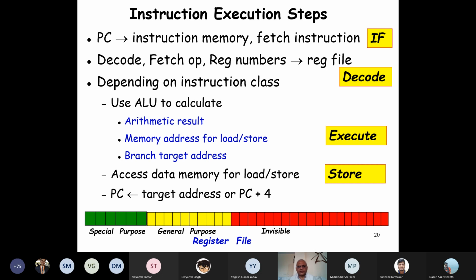Even though we said for all instructions these are the phases, some instructions may not have the store, but still we have a phase called a store phase.